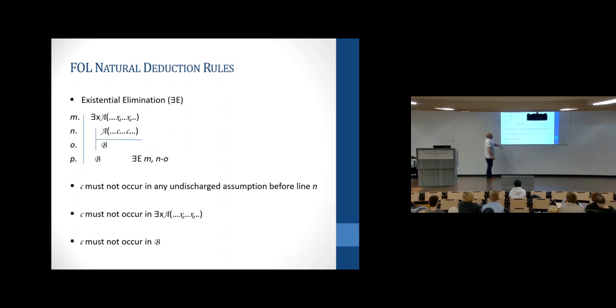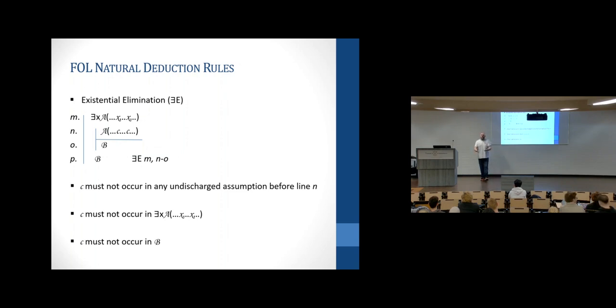And in order to ensure it's arbitrary, the name we're introducing can't appear in any undischarged assumption. It can't already occur in the sentence. And the other interesting one is that it needs to be gone by the end.